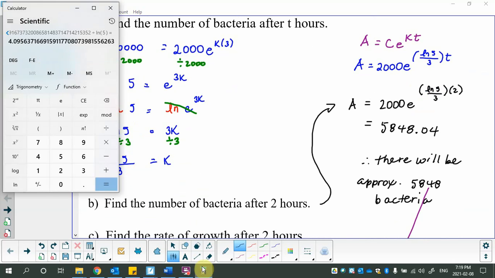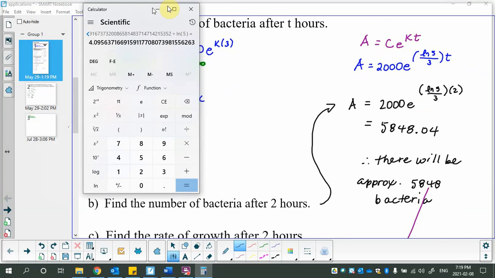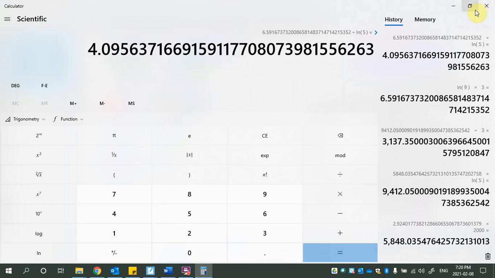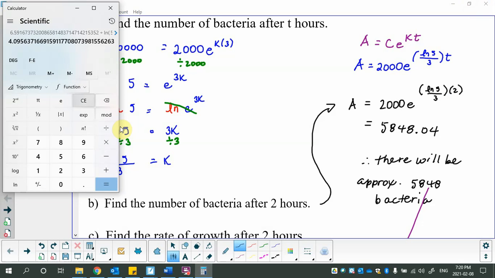You can check to see if this is a growth question. So 5, hit the ln button, divide by 3 equals, this is a positive number. It's not a very big positive number, but it's a positive number.